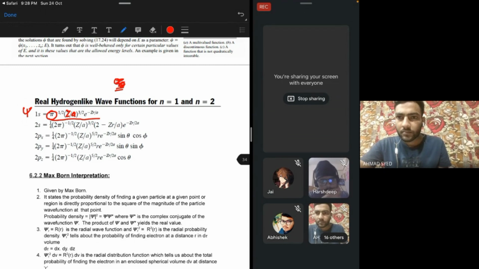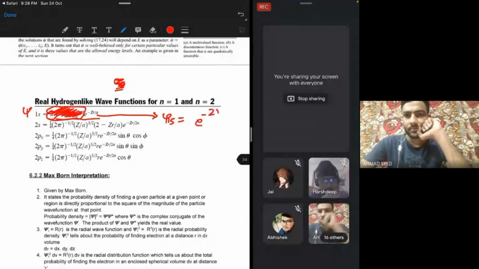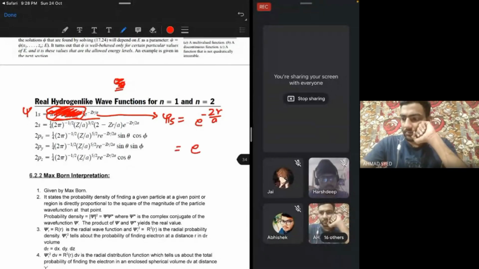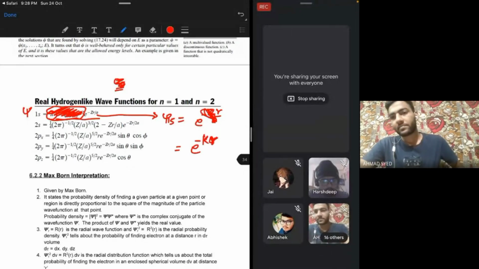If not Bohr's radius, this is a constant, and this whole thing is a constant, right? Then what is left? Psi 1s is e power minus Zr by a, which is again nothing but e into k into r. Like this, Z by a is again a constant, right? So it is e to the power minus kr.